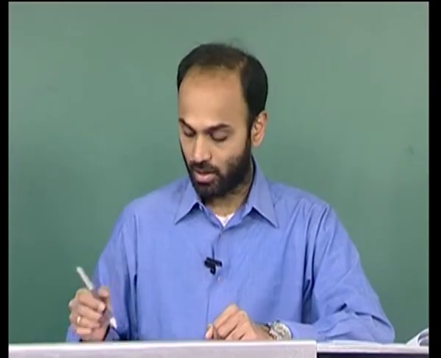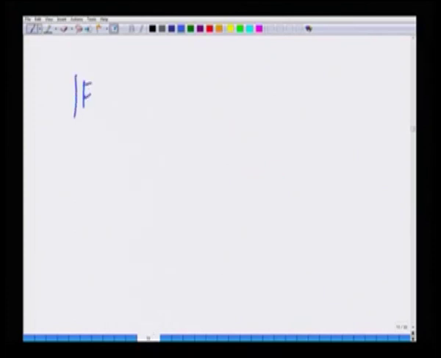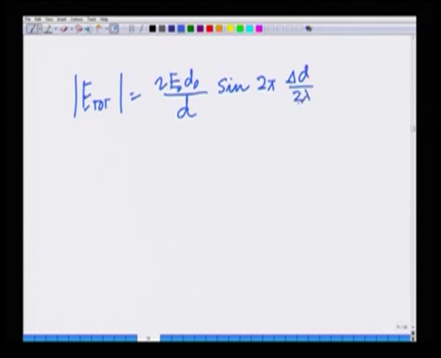Now, I am going to substitute this delta d back in the expression where we are saying magnitude E total is nothing but twice E naught d naught by d into sine of 2 pi delta d by 2 lambda. Since delta d is fairly small, I am going to say this is approximately equal to 2 E naught d naught by d times 2 pi delta d divided by 2 lambda, since for small theta, sin theta is approximately equal to theta.